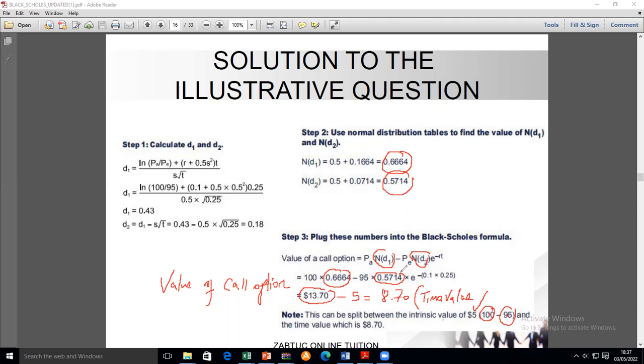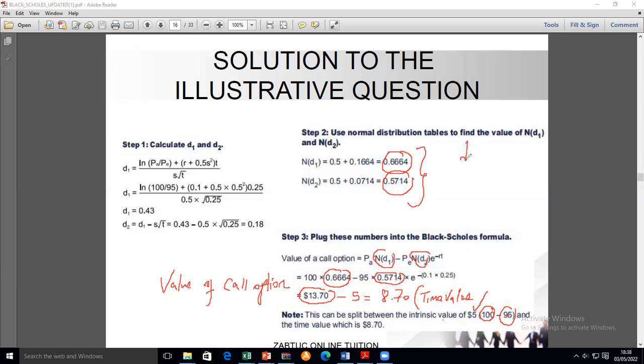So today we have introduced you to the formula, the Black-Scholes. Tomorrow we want to look at the application of the formula. So before our class tomorrow, please make sure that you go through the Black-Scholes.